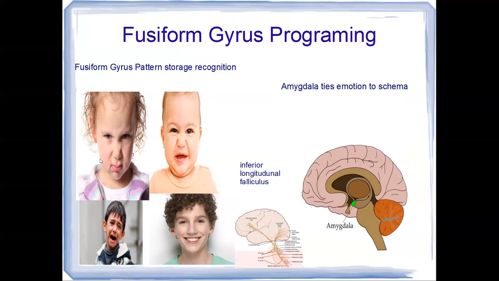And you can now tell that this face is angry, this one is disgust, this one's happy, and this one's sad. But prior to developing these basic schemas, there's nothing to associate an emotion to. So all the infant is doing is just observing and storing memory because it's interesting and it's rewarding for them to do so.